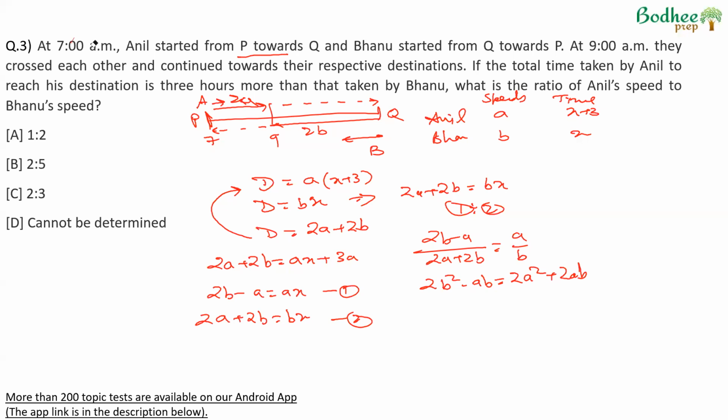We have to find A by B. This can be written as 2A squared plus 2AB plus AB, 3AB, minus 2B squared is equal to 0.